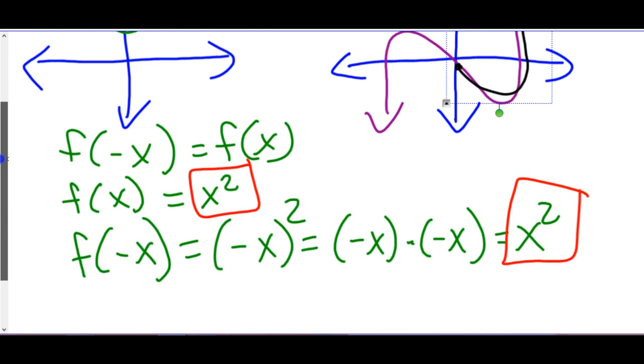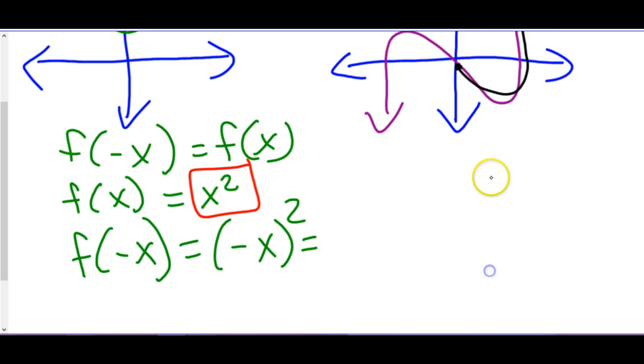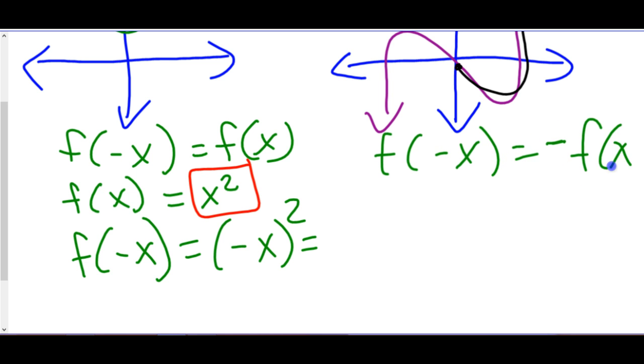So an odd function, like an even, you've got to plug in negative x to check it. I'm going to erase some of this so I can have some space below the odd. So with our odd function, we're still plugging in negative x, but this time, instead of coming out the same, it should come out with everything negative.